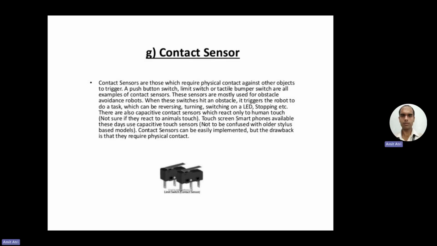When these switches hit an obstacle, it triggers the robot to do a task, which most commonly can be reversing, then turning, switching on an LED, or stopping. Such a task it will do as there is a contact with some type of obstruction.